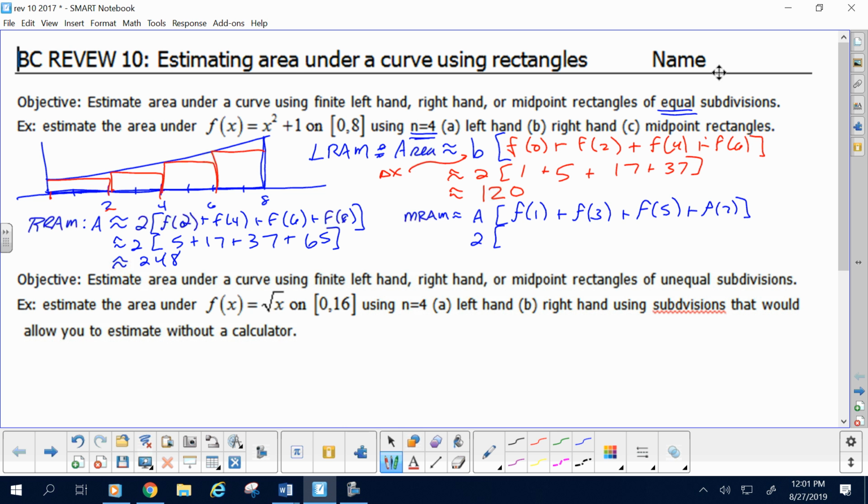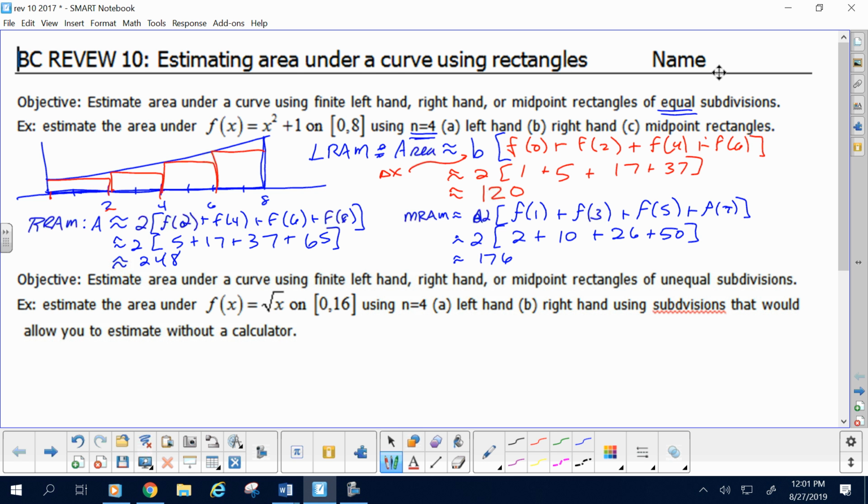So 2 times, what do we got there? When I put 1 in, I get 2, 10, 26, and 50. So that's 60 plus 28. So 88 times 2, what do you get there? 176. Okay, which is the most accurate of the three?